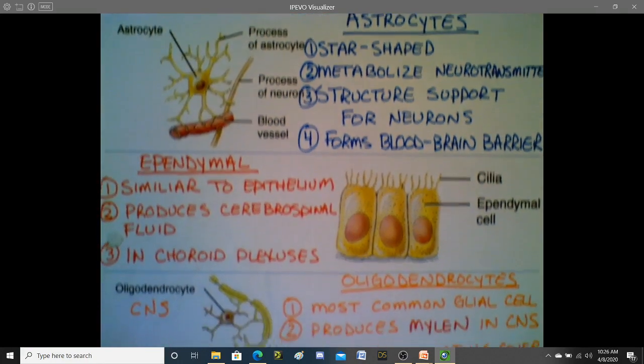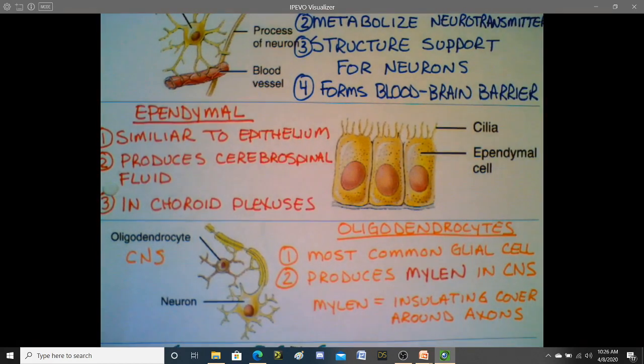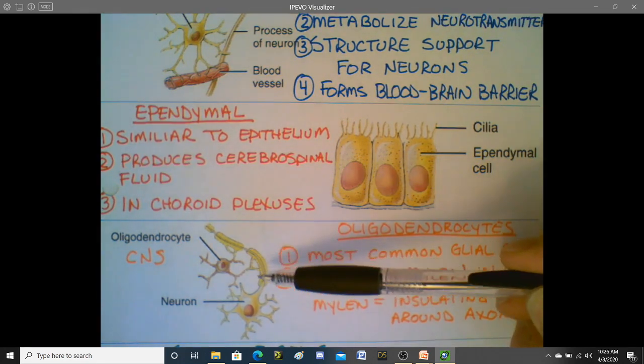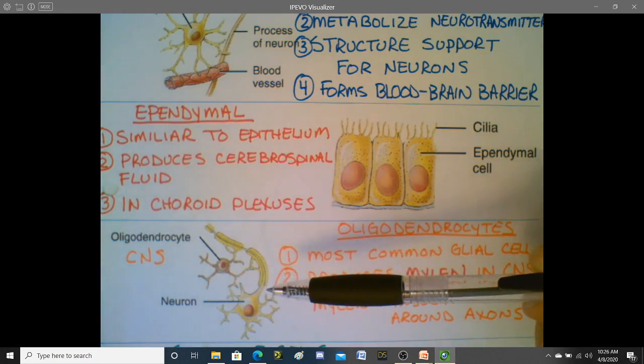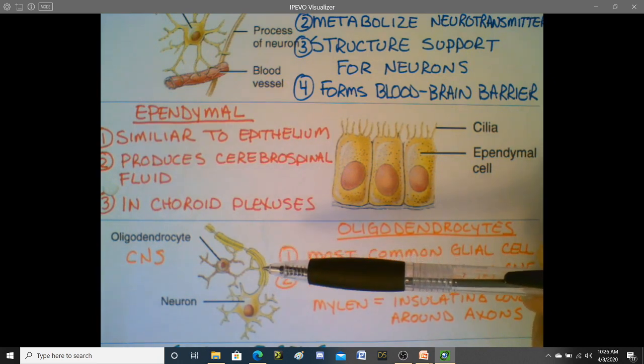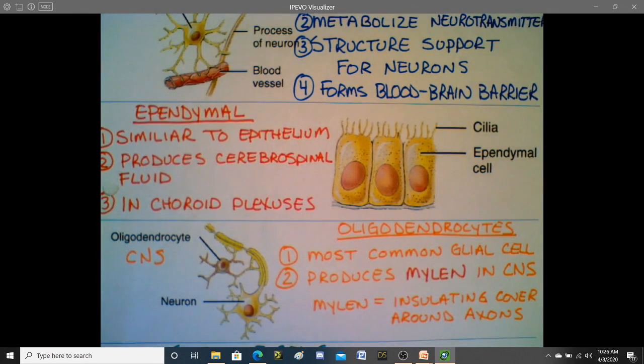The next glial cell is called an oligodendrocyte. Oligodendrocytes, it says they're the most common glial cell, and they are going to make an insulator called myelin. Myelin is a protein that wraps around the neurons, and you can see it, it's this yellow example right here. But myelin is an insulation. It's kind of like the plastic coating on the wire of your headphones.